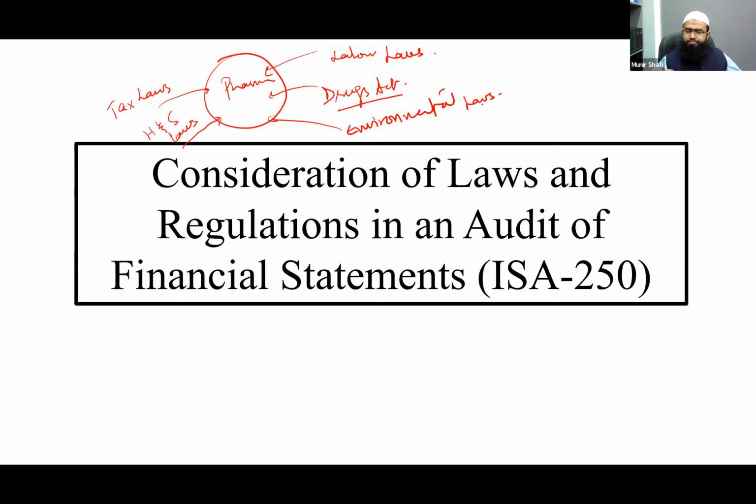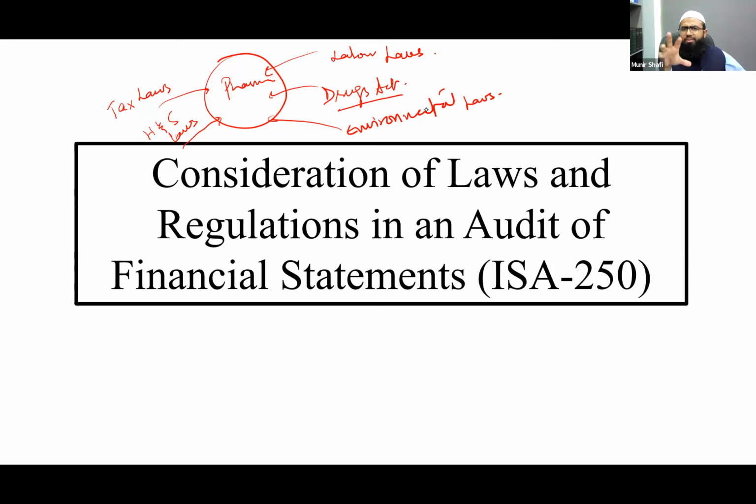Please do respond. What do you think? Is auditor supposed to have a knowledge of all the laws and regulations? Very good. No. And it's very difficult for the auditor to have a grip over all the laws and regulations.